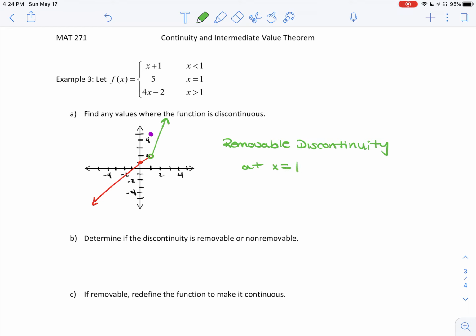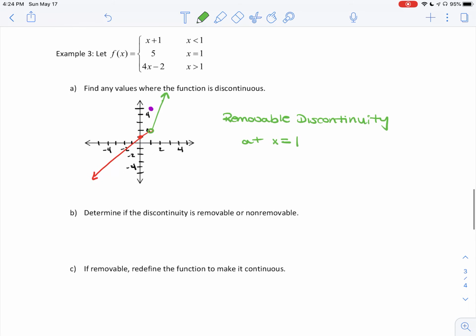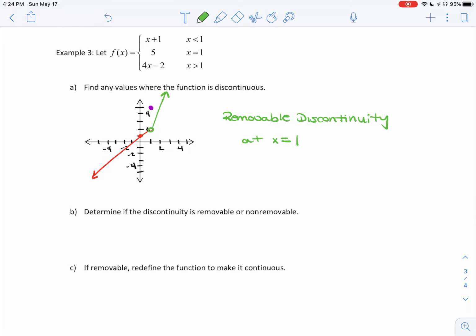Okay, so removable discontinuity at x equals 1, right, which is what part B was asking us for. All right, so then part C says, if we have a removable discontinuity, which we do, redefine the function to make it continuous.